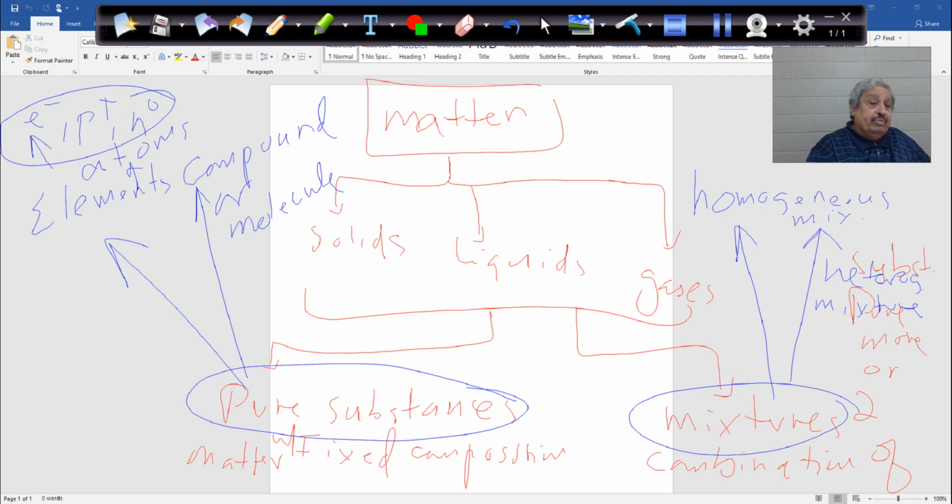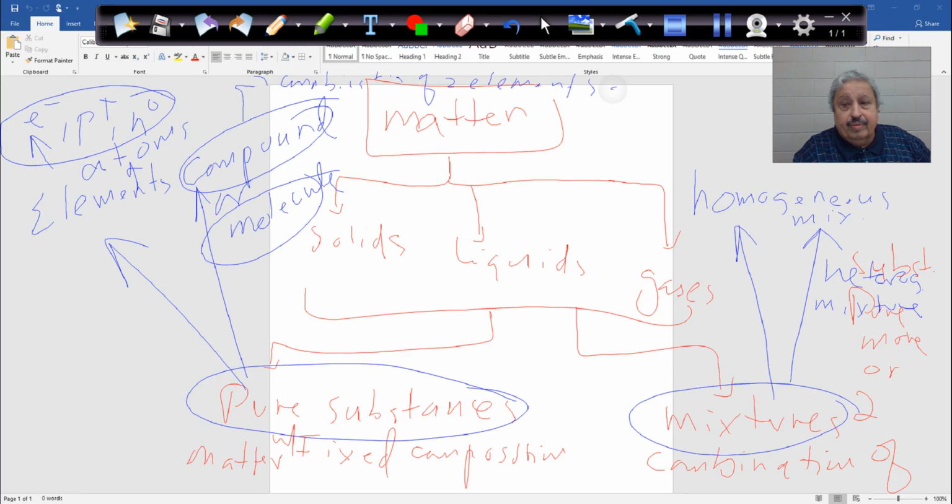Now the compound and molecules are a combination of elements, two or more elements, with fixed composition.